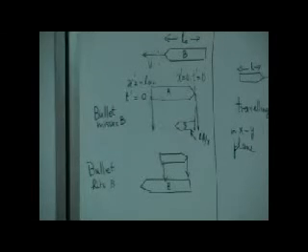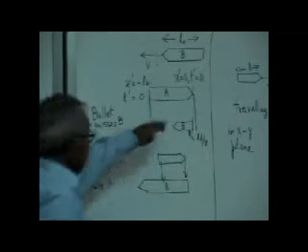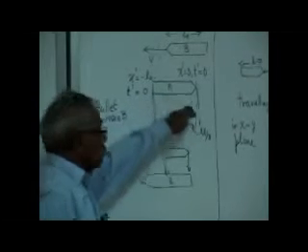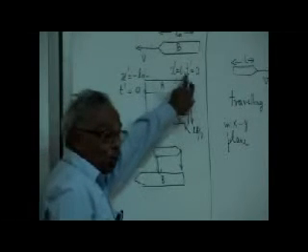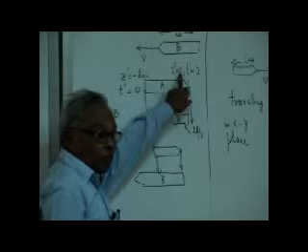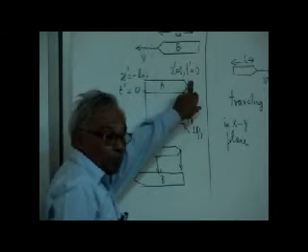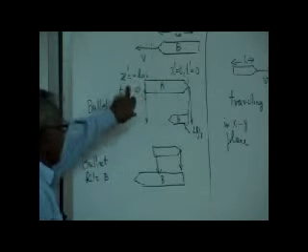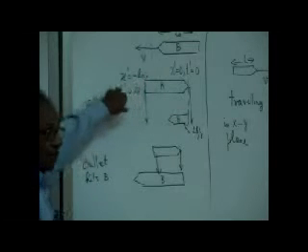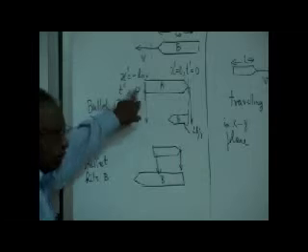Okay? Simultaneous in A's frame. So the first one, the front firing, took place at x prime equal to 0, t prime equal to 0. The back firing took place at x prime equal to minus L0, t prime equal to 0.